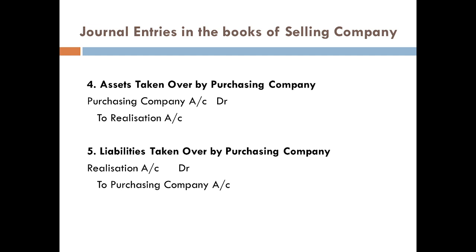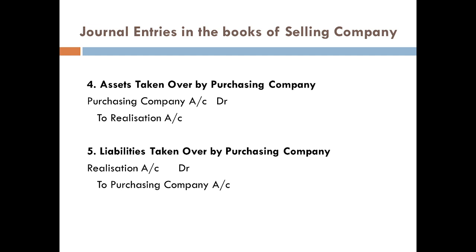Realization account. Now these assets are being taken over by the purchasing company, so we are crediting the realization account, thereby cancelling whatever we have recorded there, giving a counter entry here. So the journal entry will be purchasing company account debtor to realization account.